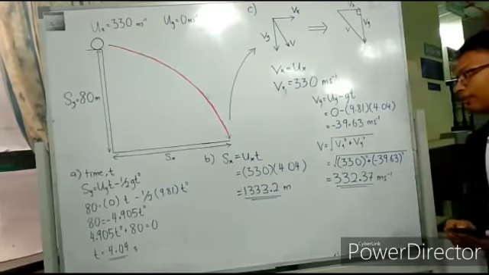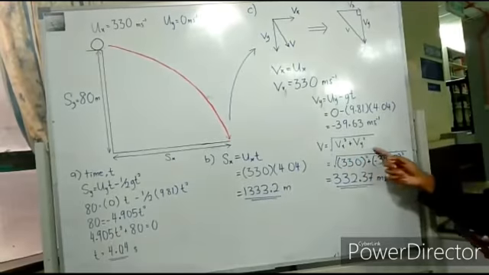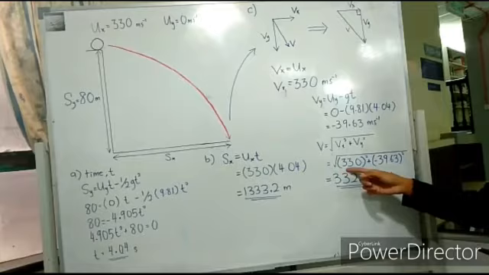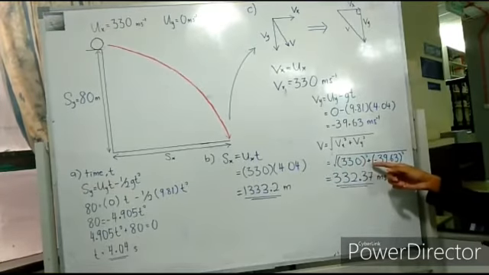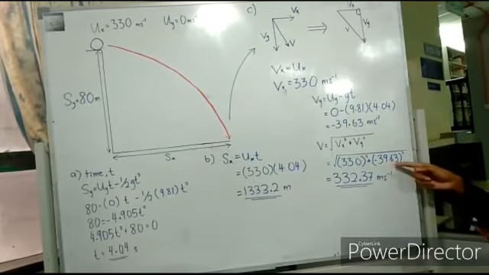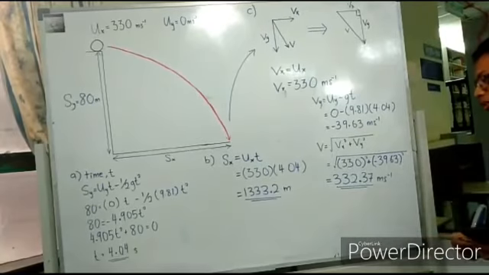Then we can substitute the value of vx and vy into the formula, which is square root of 330 square plus negative 39.63 square equals 332.37 m/s.